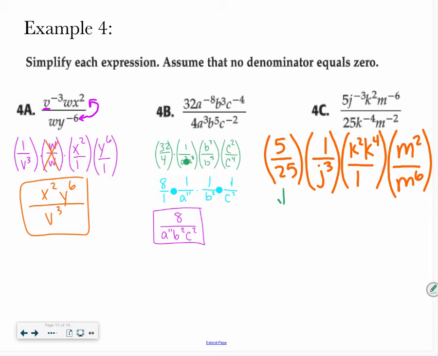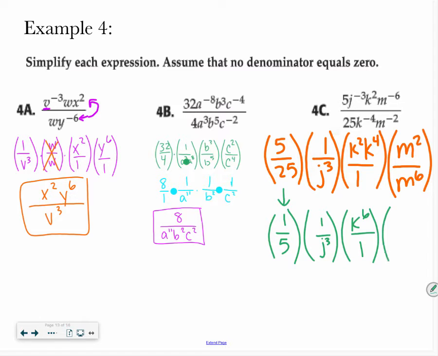So now I look, 5 over 25 is the same as 1/5 times 1 over j to the 3rd times k to the 6th, because I'm going to add those powers like I learned yesterday. And then m is going to stay wherever m has a greater exponent, which is the denominator.